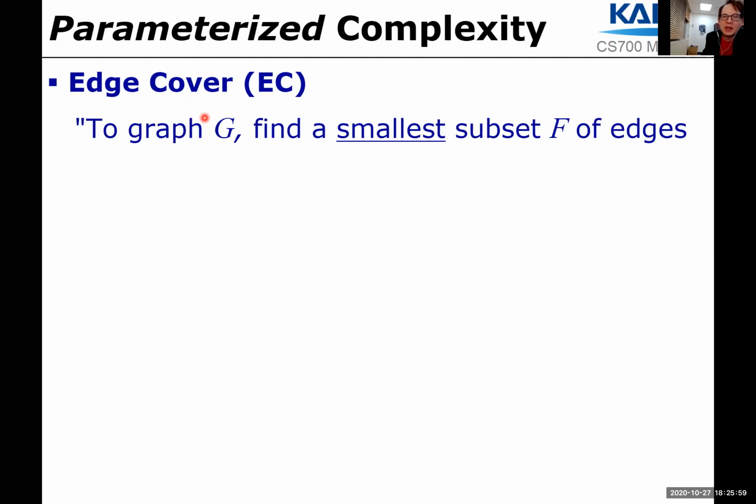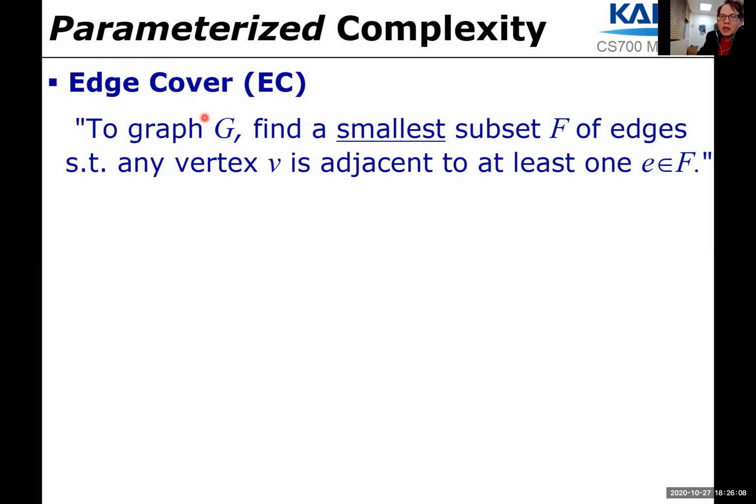And here's an example of such a decision problem. It's called the edge cover problem, where the input is a given graph and an integer parameter k, and the decision problem is to decide whether there exists a subset of the edges of this graph such that every vertex is adjacent to at least one of these edges.